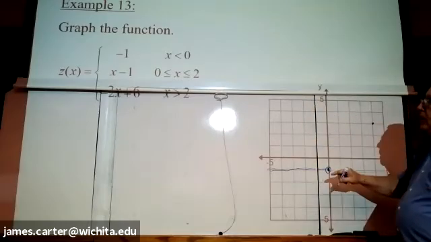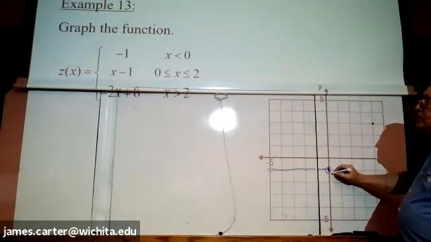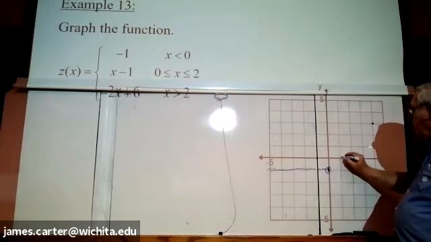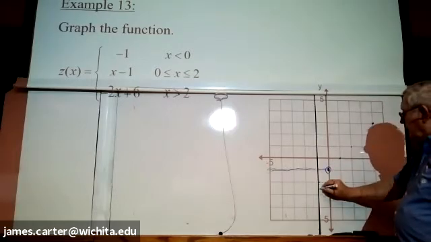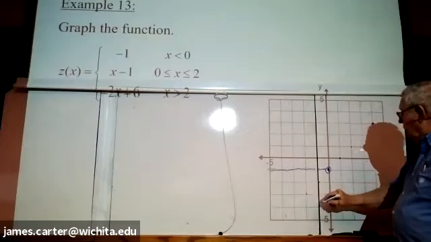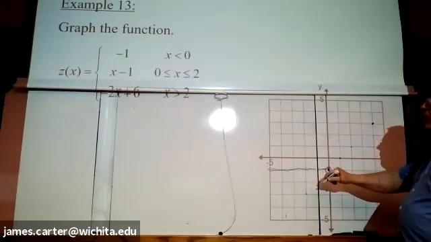But on the second line, let's see. X -1 starts here and goes up 1/1, up 1/1, down 1/1, down 1/1 in that direction.